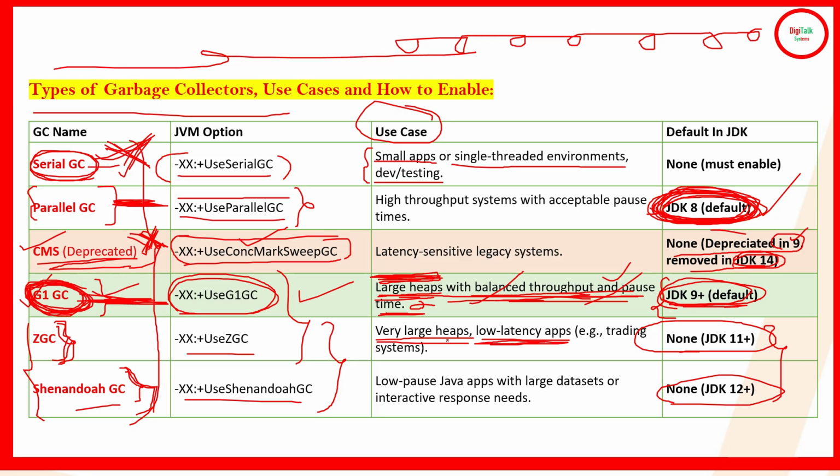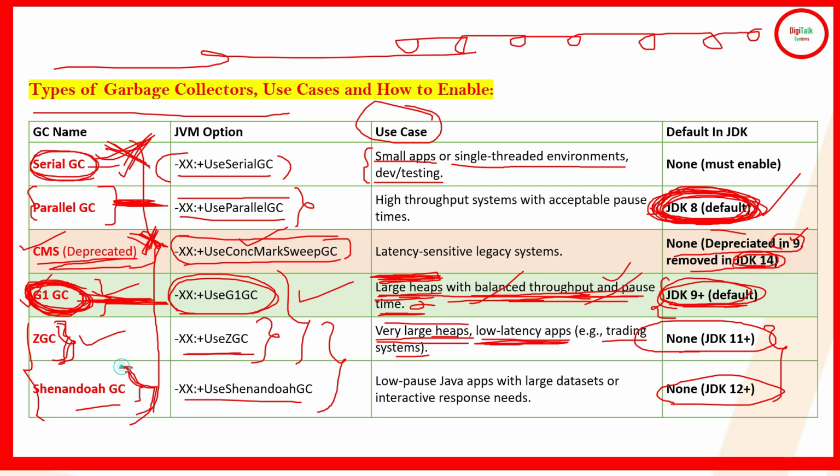But if you have applications where low latency is required, for example a trading system, where you can see the rates of stocks fluctuate in front of you in a fraction of a second, no delay is expected when you are trading stocks. For applications where the latency requirement is very low and the heap is very large, you can go with ZGC.